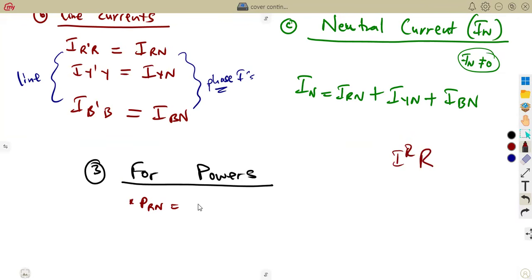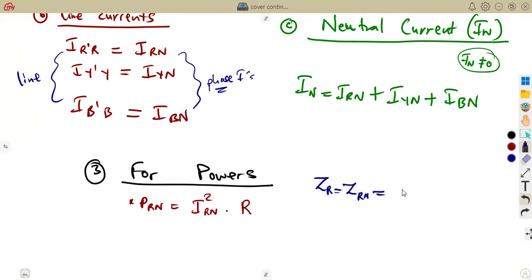It means you are going to have I squared for the red phase times the resistance. That resistance is supposed to be of the red phase. Take note, guys, from the impedance of the red phase ZR, which is taken as ZRN.